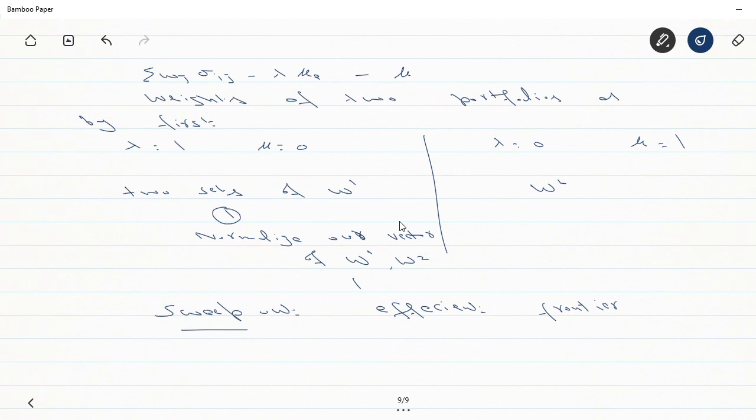If alpha belongs to minus infinity to infinity, then we can construct an efficient portfolio using this equation: alpha times W1 plus (1 minus alpha) times W2, right? So let's see how we do this in Excel.